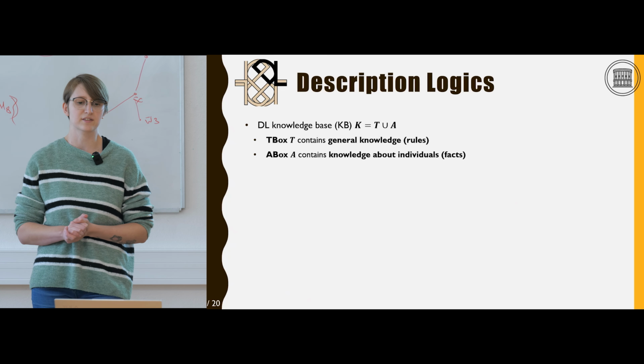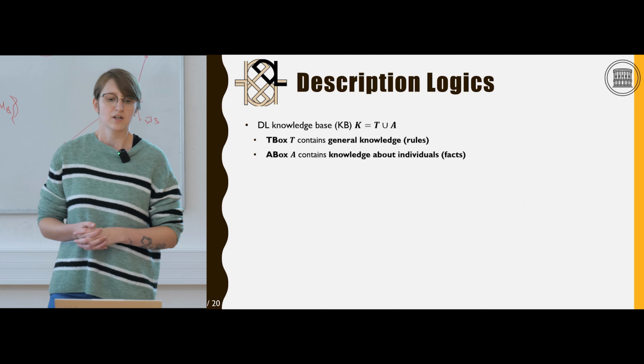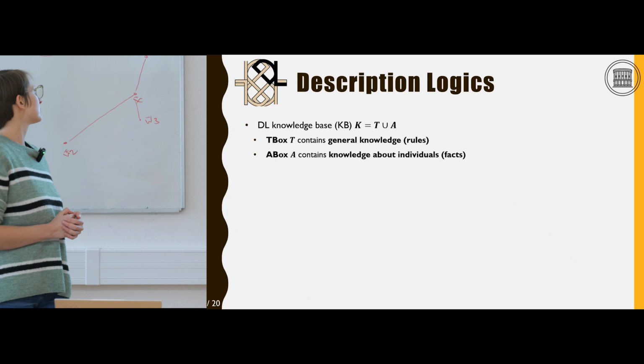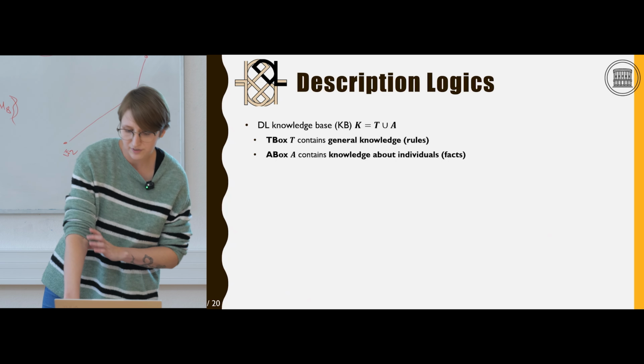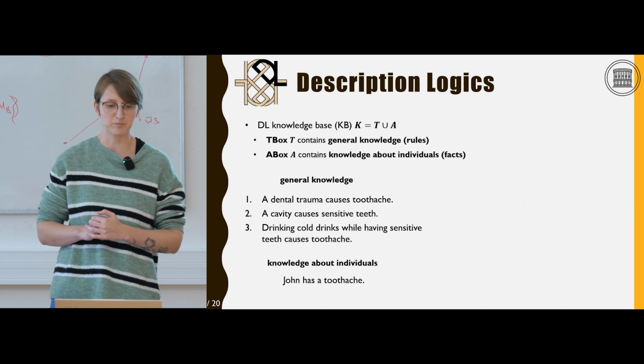A DL knowledge base consists of two components, T-box, which contains general knowledge, and then the A-box, which contains some knowledge about individuals. So again, it will be better with an example.